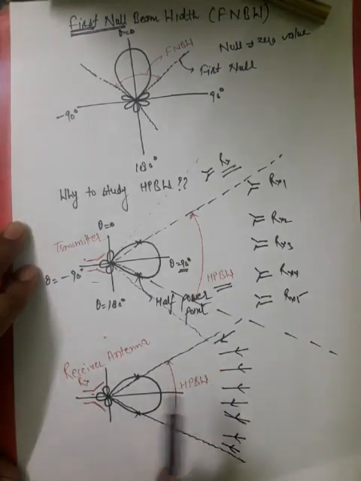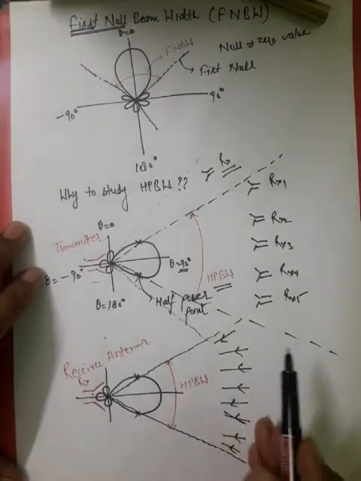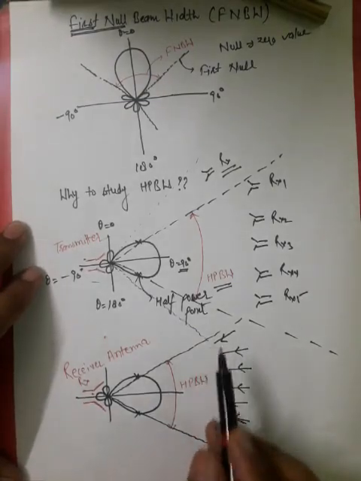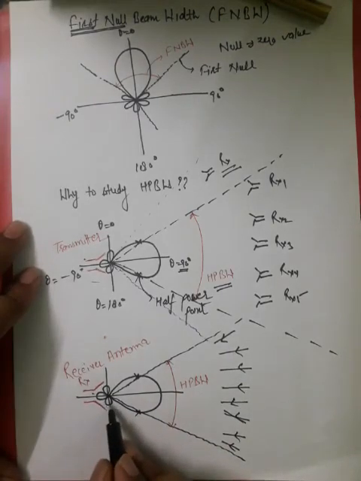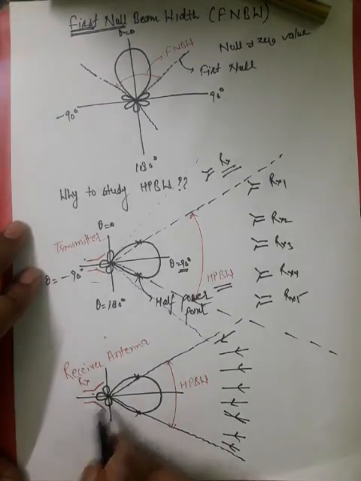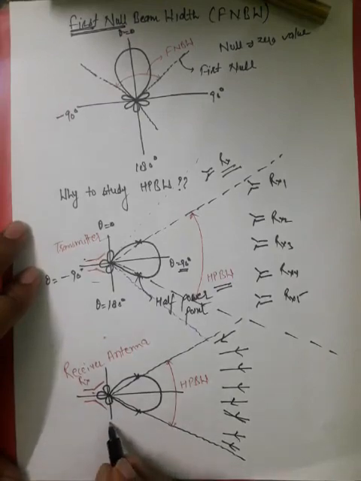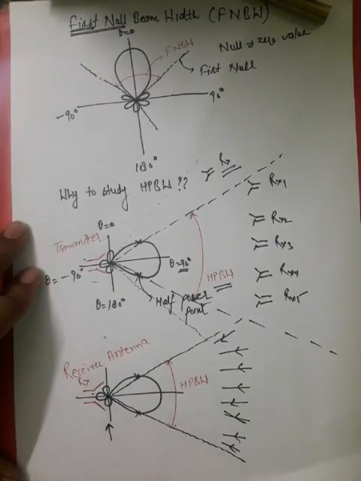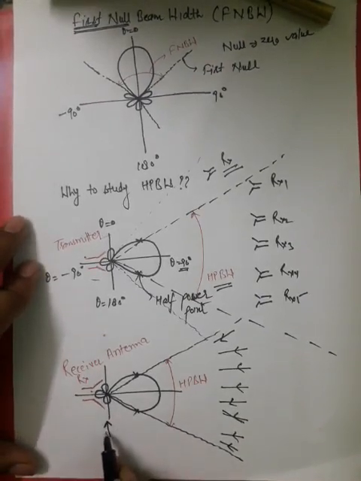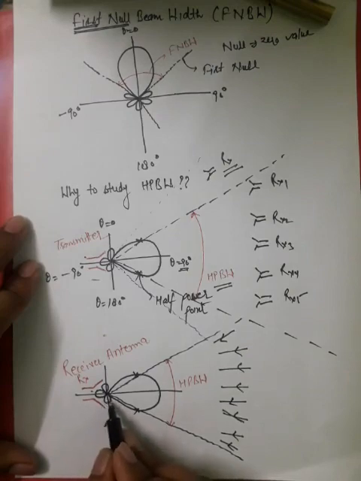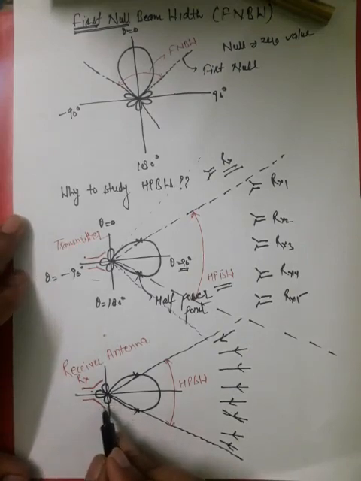Now in case of transmitter as well as in case of receiver, there is one more point here. If we look for these side lobe, so any wave which is directed toward the side lobe, it will also be received. This wave will also be received because it is directed toward the minor lobe.